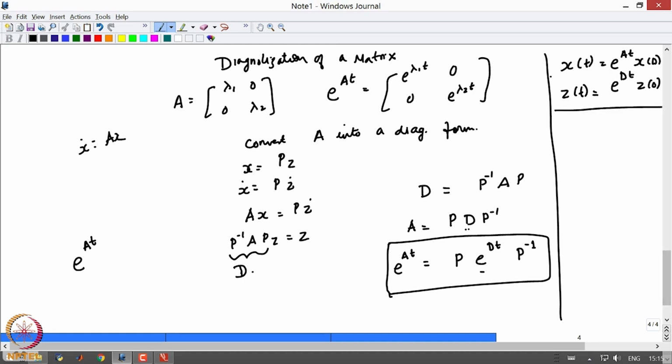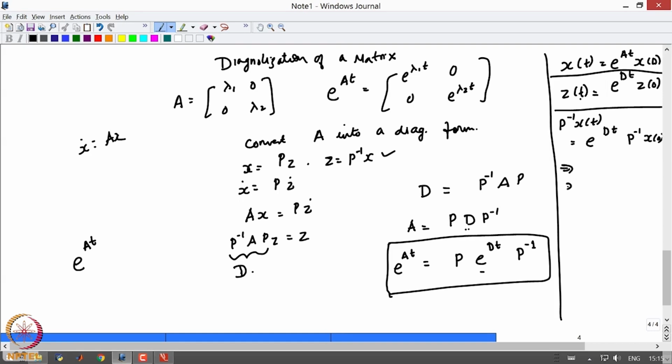Okay. So, what is the relation between z of t and x of t? I know that z of t can be written in terms of x as z is P inverse x. So, I have P inverse x of t on the left hand side, and on the right hand side, I have e power D t z naught. What is z naught? z naught is P inverse x naught, coming again from here.